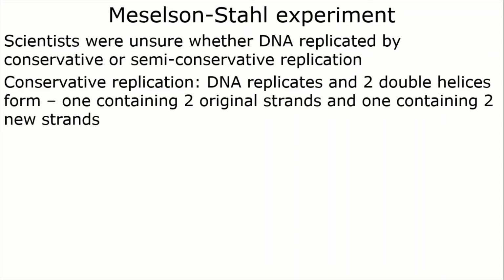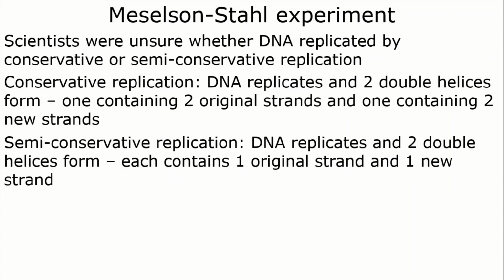So the original DNA molecule is conserved completely, hence the name conservative replication. Semi-conservative replication is the process that I have just described, where DNA will replicate, 2 new double helices will form, and each will contain 1 strand from the original DNA molecule and 1 new strand.